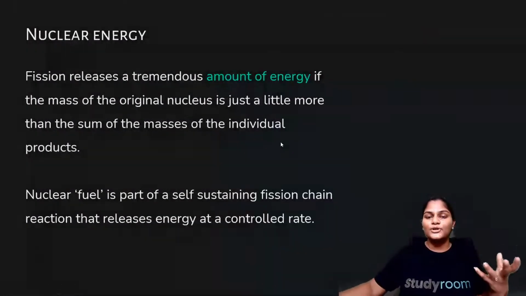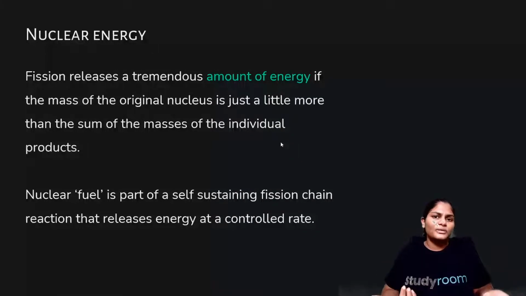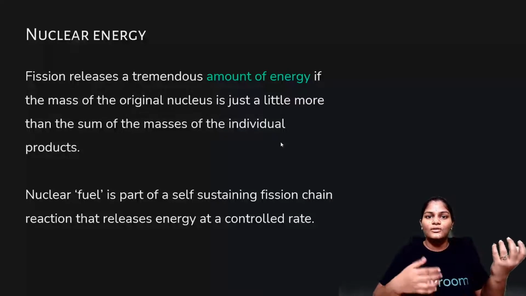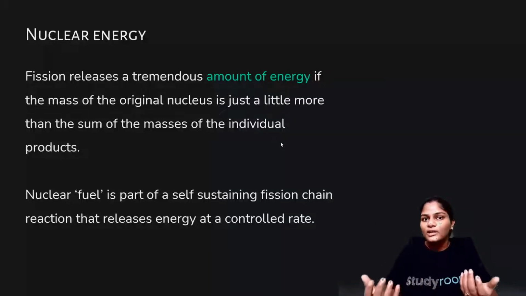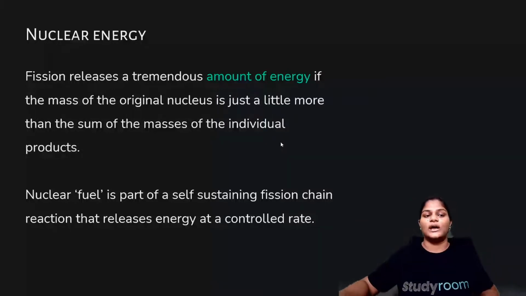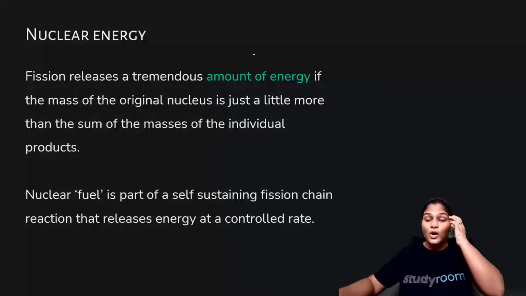Now, nuclear energy. Now you must say, okay, this phenomenon takes place, like you bombard the nucleus with neutrons and then it splits into lighter nuclei. How do we get energy or electricity? This is how. Fission releases tremendous amounts of energy. Why is that?